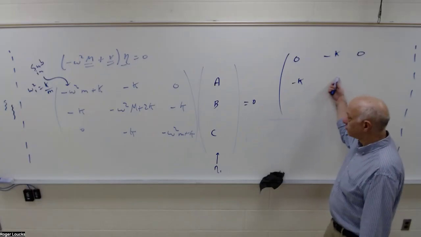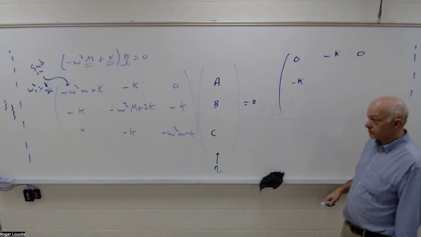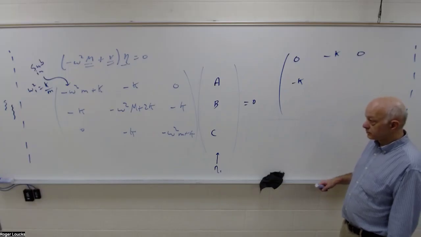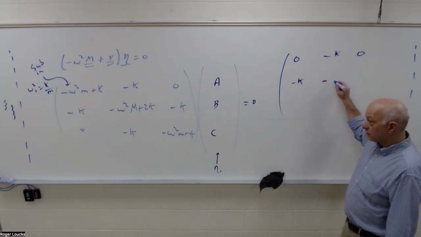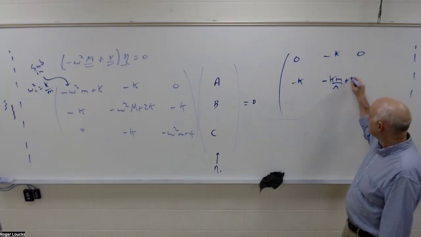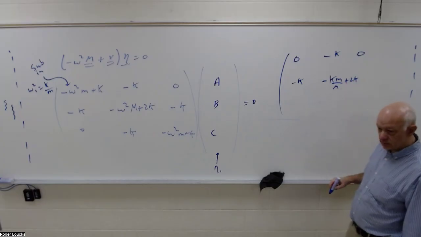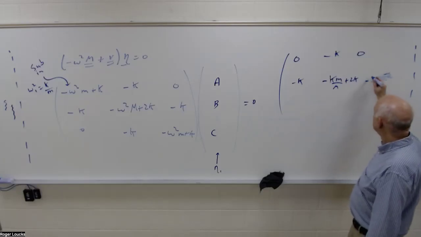My middle guy goes negative big M over M, K. Yeah, minus that. K, little m, big M. It's 2k like that. Okay, minus k, and the M's.